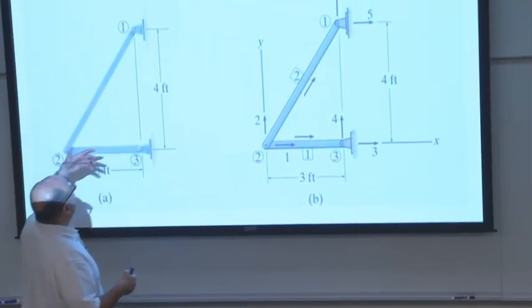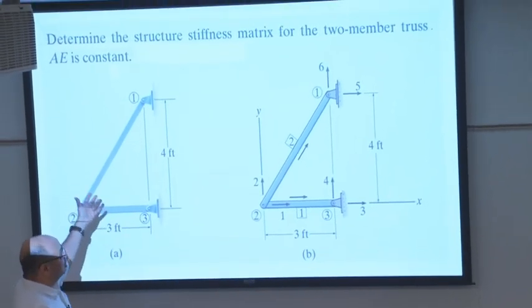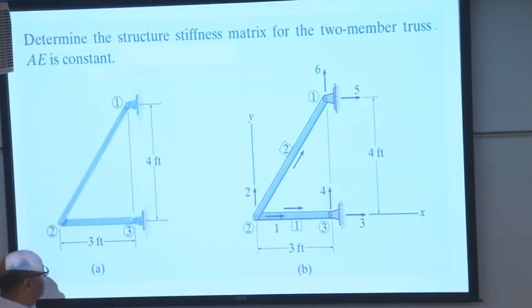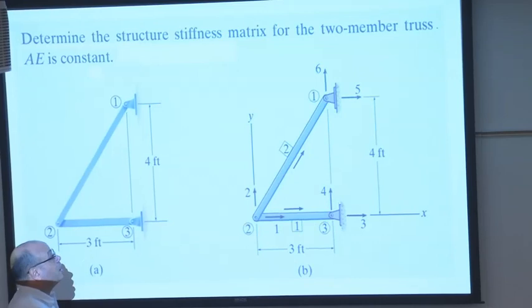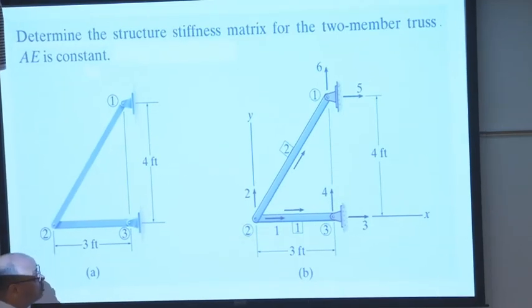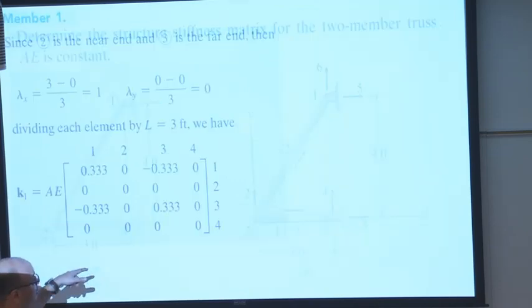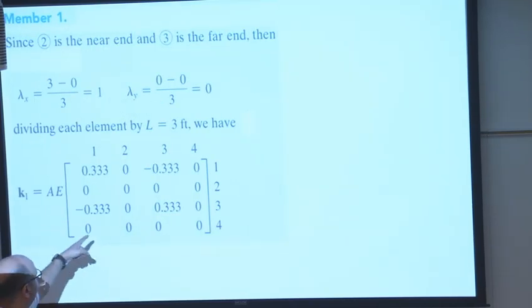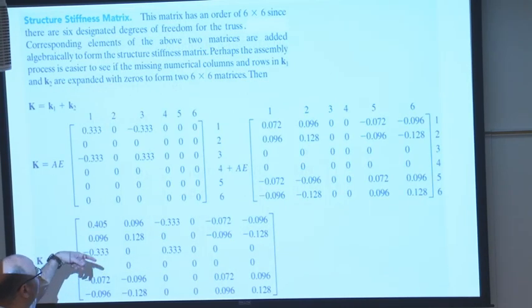Later on, we're going to be just talking about this member, but I'll give you this as an assignment that you can start working on, and that is pretty much similar to the first example. All I need you to do is assemble this and find the stiffness matrix for this, and then this is K1 and this is K2, and then get the overall stiffness matrix.